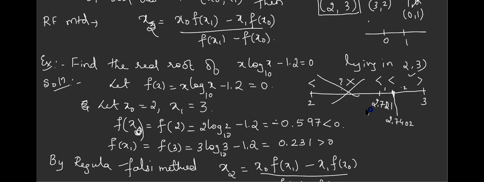Is the point clear? No, ma'am. Just see, after getting this 2.7402, if I take it, this is the point. So this point has divided this whole interval again into two parts, the first part and the second part. Now f of 2.7402, Spandana, tell me, is it positive or negative?